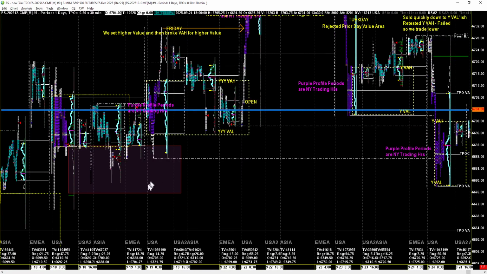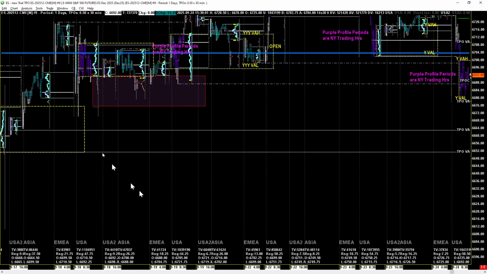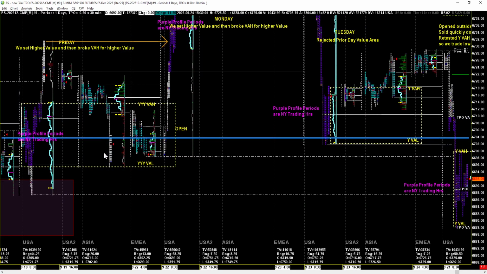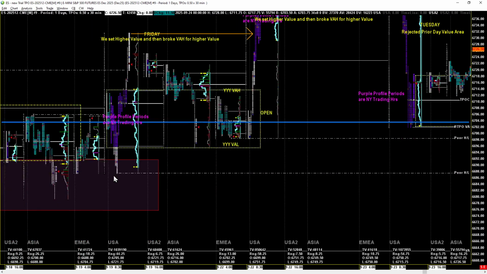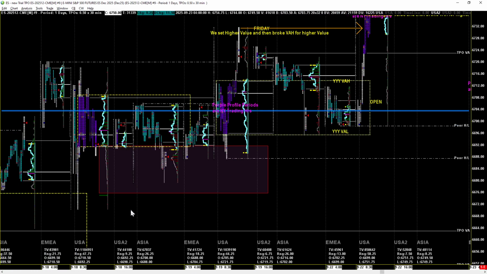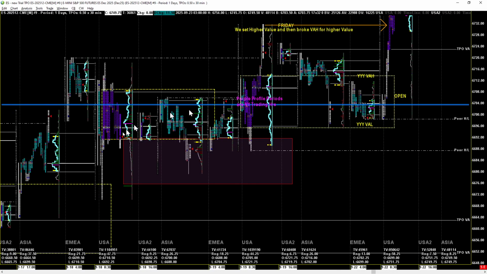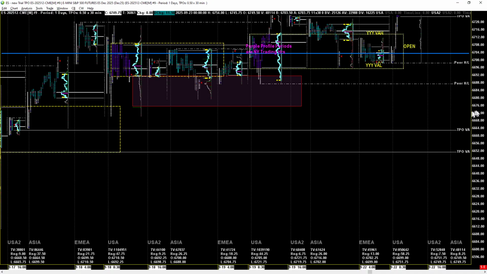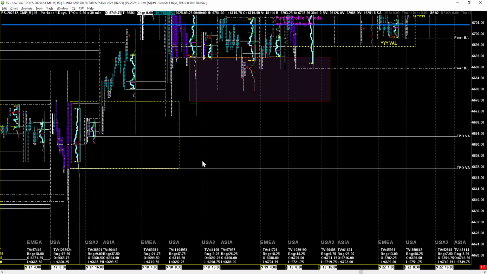So what it allows you to do is simply come into a day and say, okay, the last couple of days proved what? Well, I have a red rectangle in here for a reason, and that's that there's a gap. We had value here, we moved up quickly, set value here.